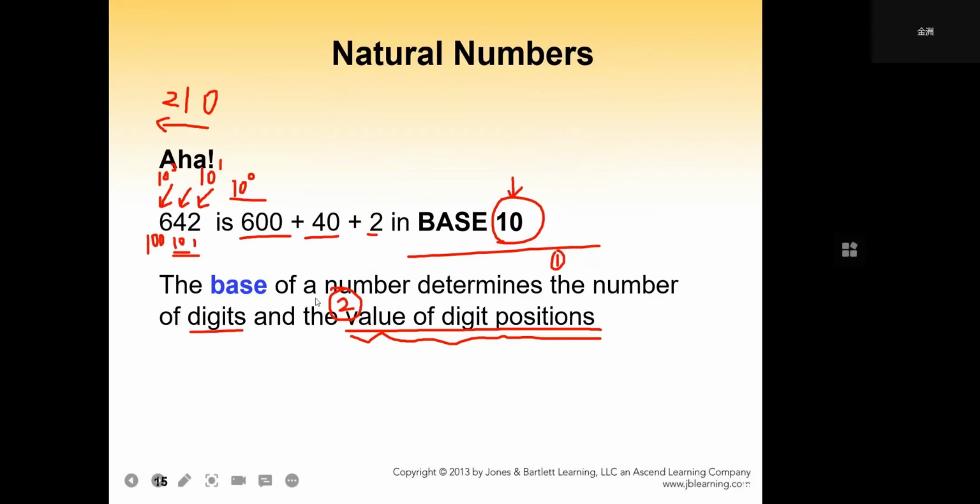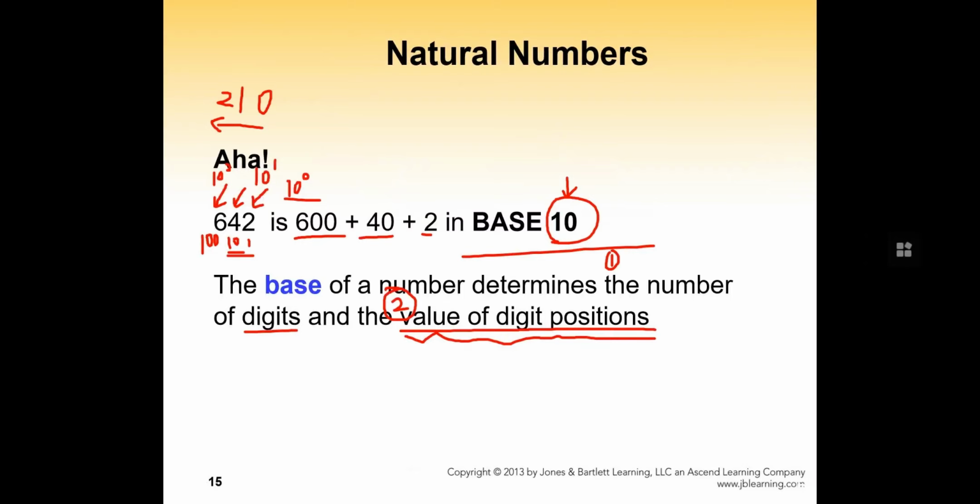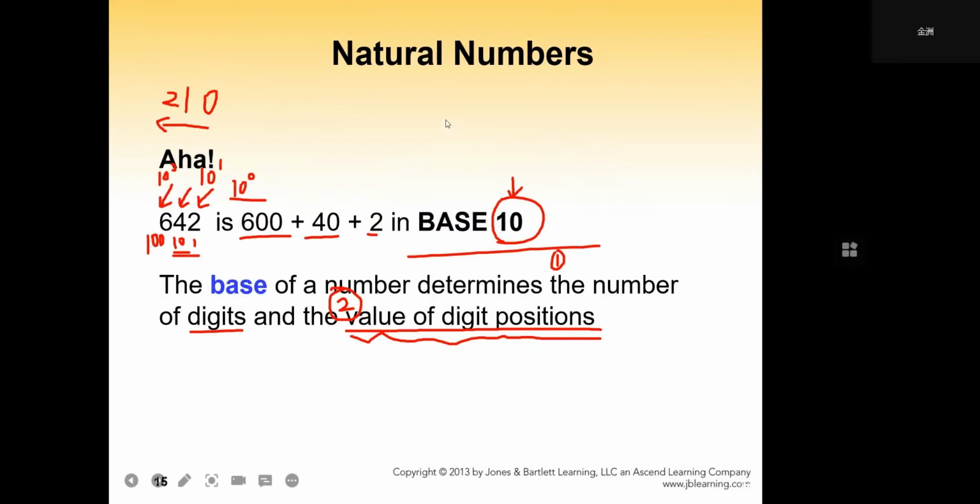So the base of a number determines, firstly, the number of digits. That means, for example, if in base 10, then the digits are from 0 to 9, the digits smaller than 10, because 10 is 2 digits. So we have 0 to 9, 10 different digits in base 10.